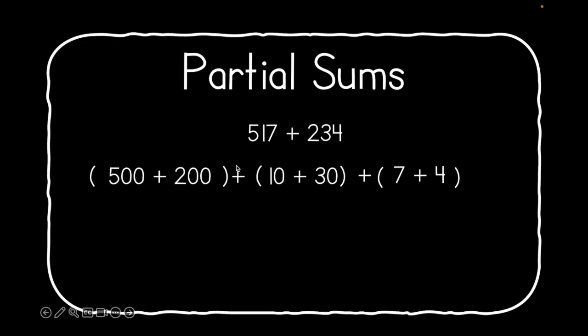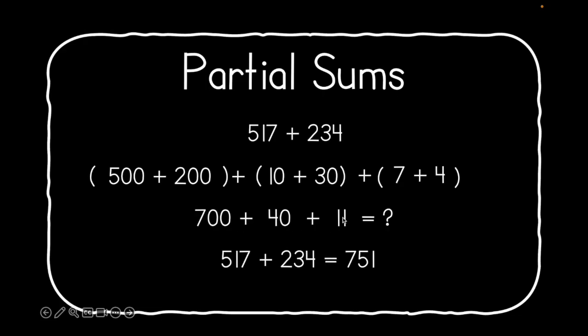I'm hopeful that they can look and say, all right, 500 plus 200, that's 700. 10 plus 30, that's 40, so 740. And then 7 plus 4, that's 11. So that's going to be 700 plus 40 plus 11, 751.